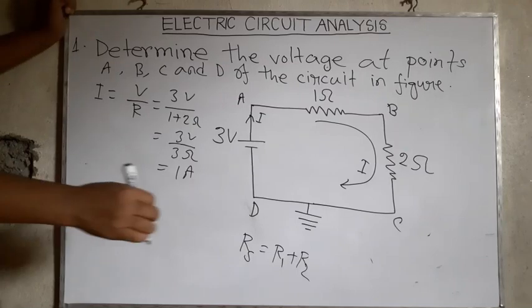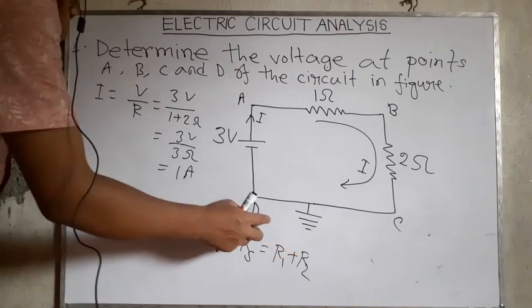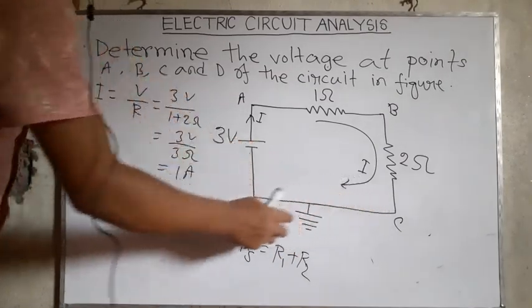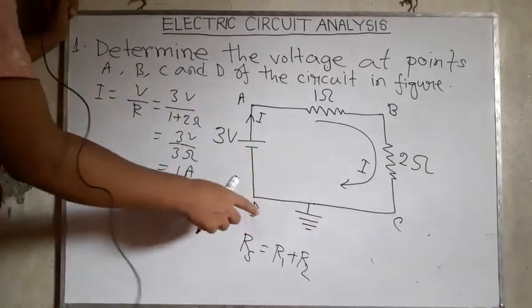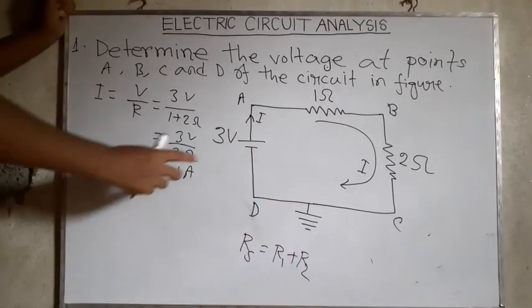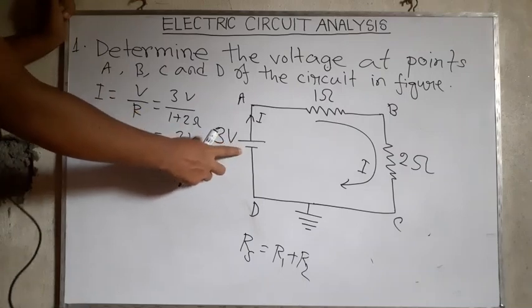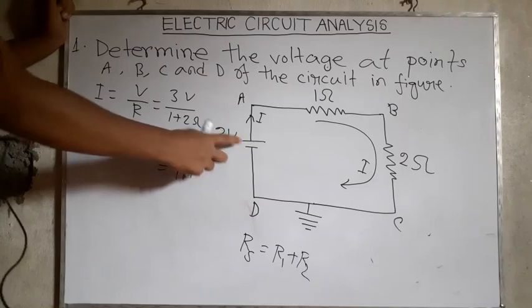Now, as the CD part is connected with earth, therefore the potential at point D or point C is 0 volt, because the C and D points are connected with the earth. That is, the lower terminal of the cell is connected with the earth, therefore its potential is 0 volt.